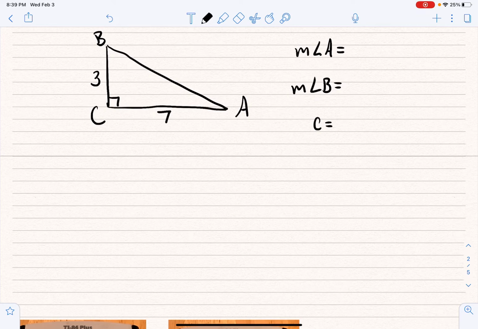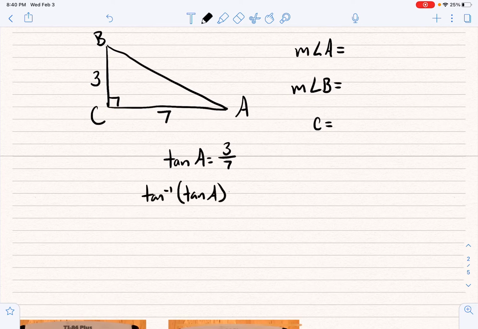All right, let's take a look at it. Before I even use the Pythagorean theorem, I'm going to say that I know the tangent of angle A is equal to opposite over adjacent. So the inverse tangent of the tangent of angle A is equal to the inverse tangent of opposite over adjacent.